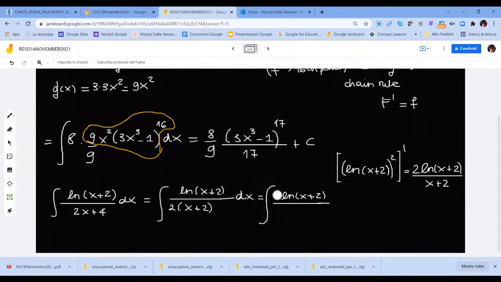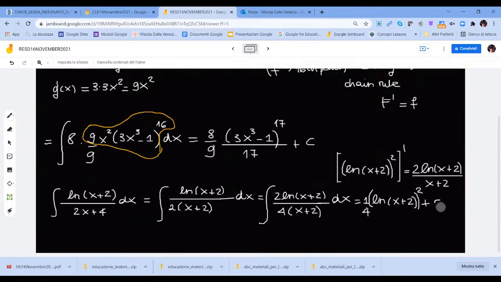So multiplying by 2 above and below, you have 1/4 times 2 logarithm of x plus 2 divided by x plus 2 dx, and the primitive function is logarithm of x plus 2 squared.